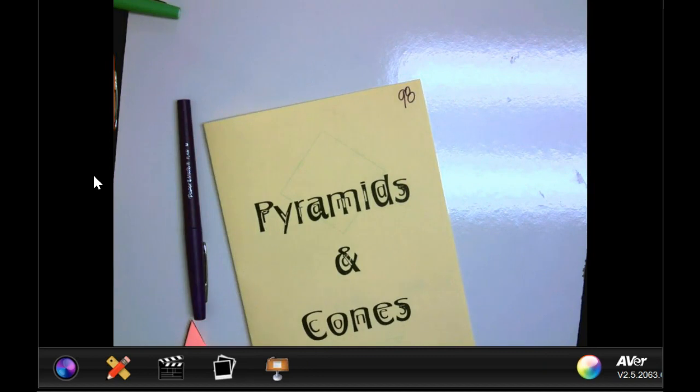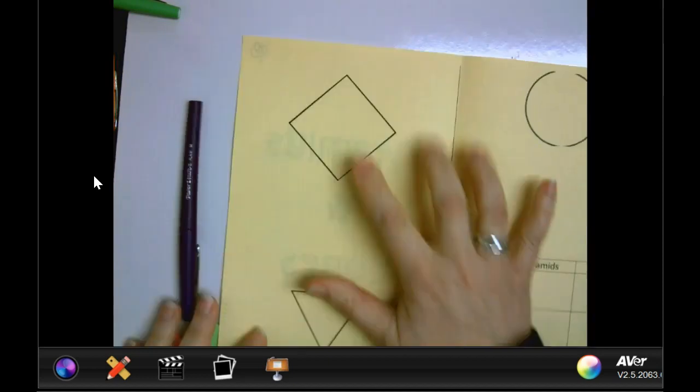I'm going to go ahead and fold my figures here. And both of these, the green and the pink, make what? Pyramids. I know it was a really hard question because that's what we're talking about right now. So I'm going to go ahead and glue mine down. Then we're going to label some stuff on here.